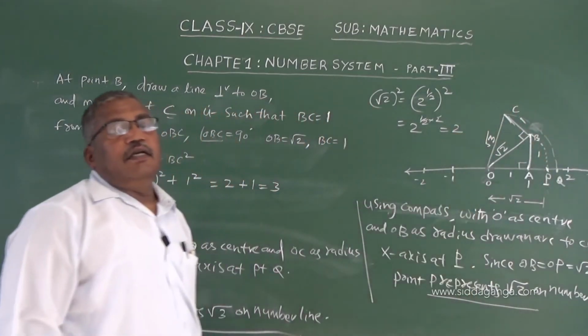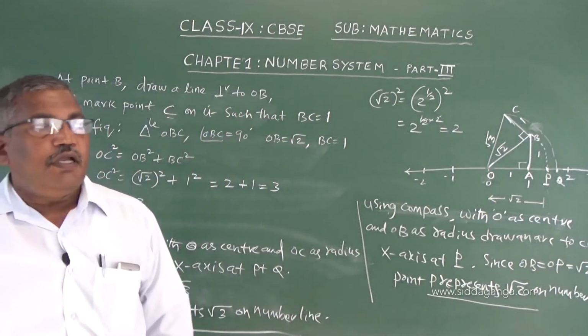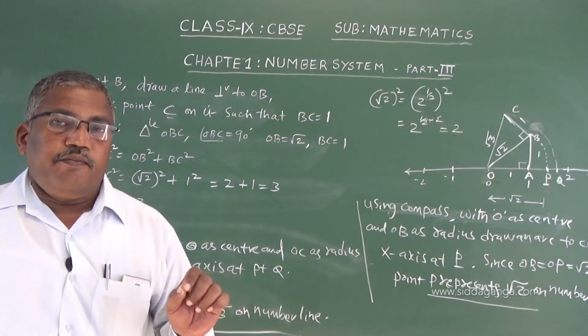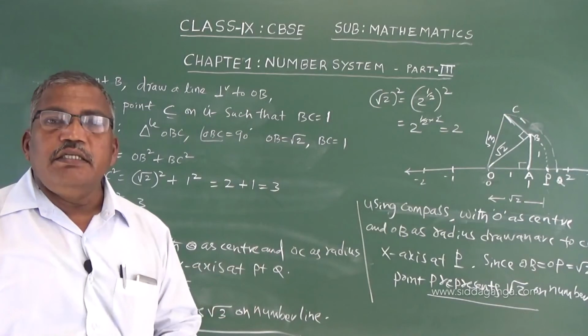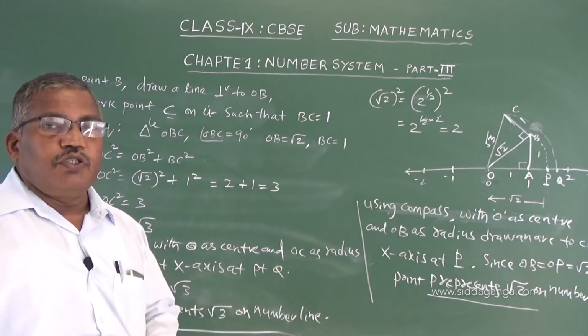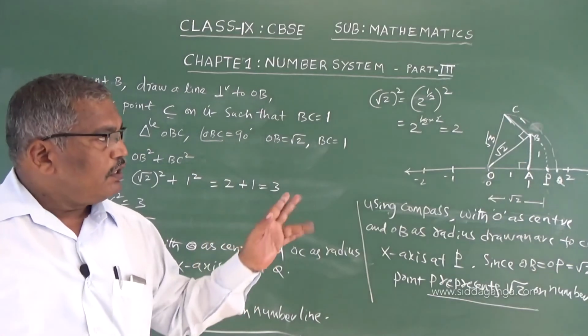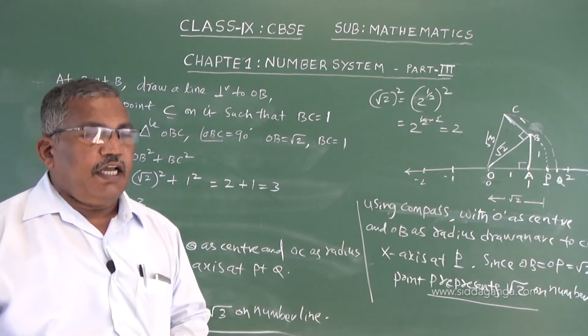So we have learned how to locate root 2 on the number line, root 3 on the number line. You can continue this process and even find the location of root 5 on the number line.